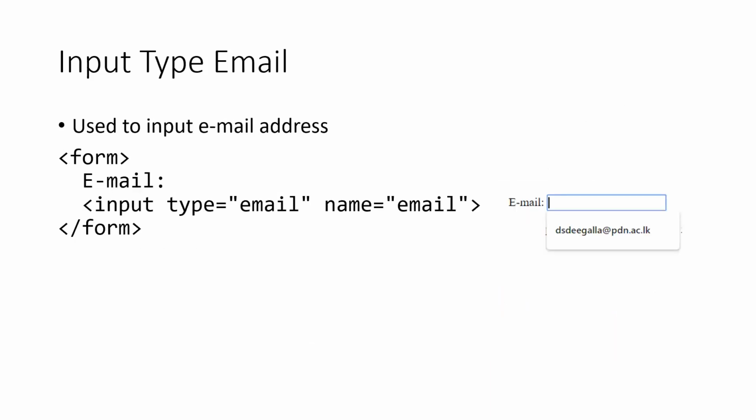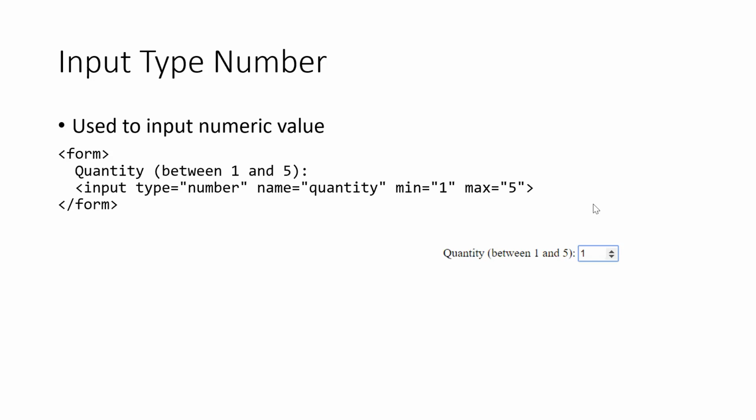Then you can also have emails. HTML5 supports different types, and input type email will give you the opportunity to enter an email. That is also possible, right? And then you can also have numbers.